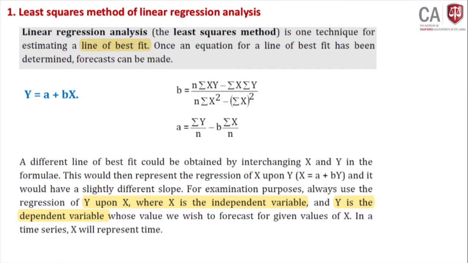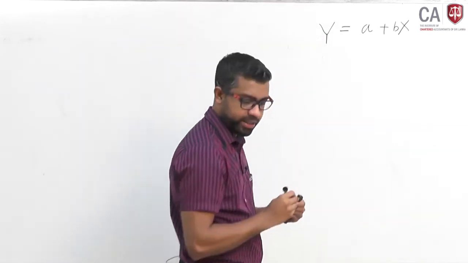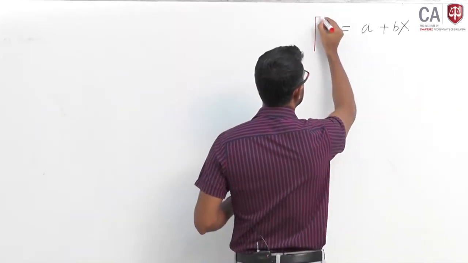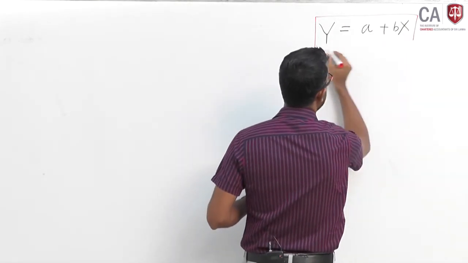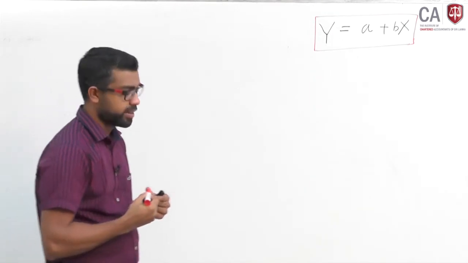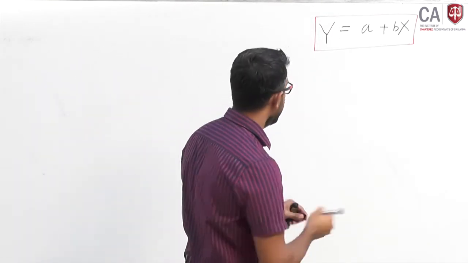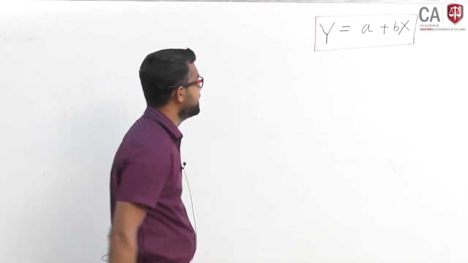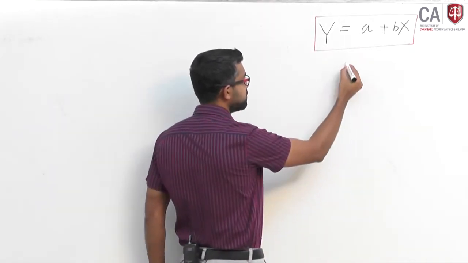A plus Bx. This is the equation. Actually, this equation is the regression equation, the equation for finding the slope of the line. Regression. So which means if you understand this equation properly, it is like this.